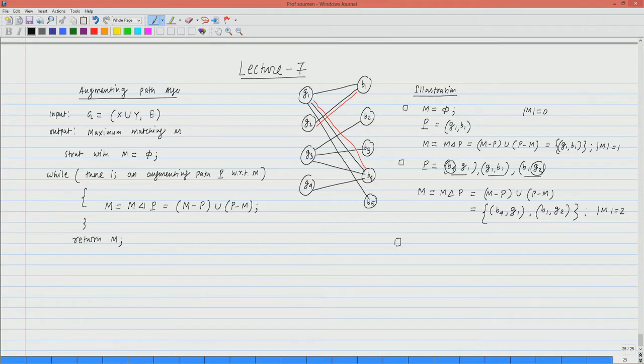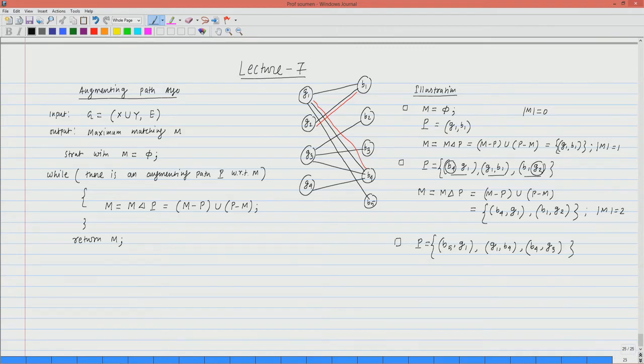You have to start with an unmatched vertex; there could be several. So, let me consider this augmenting path: B5 G1, and then G1 B4, and then B4 G3, and let me use a bracket here also.